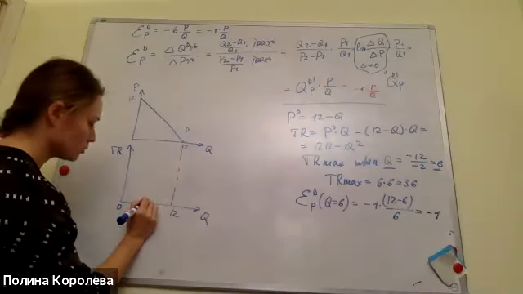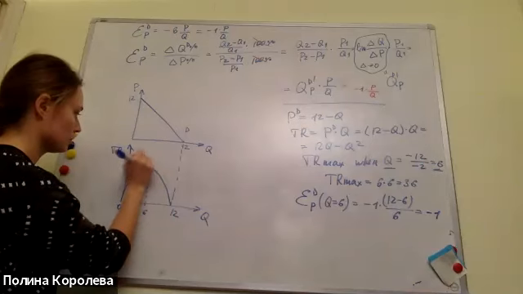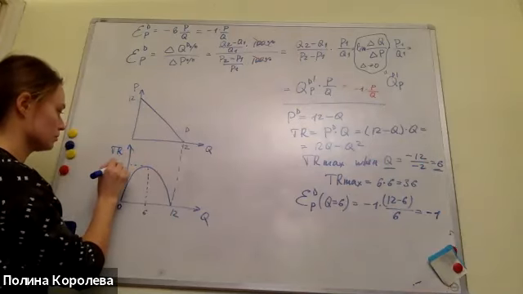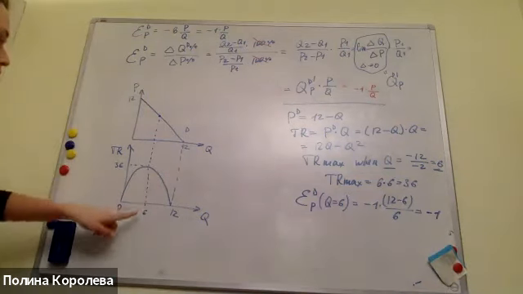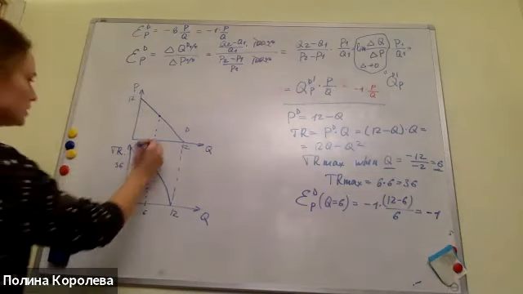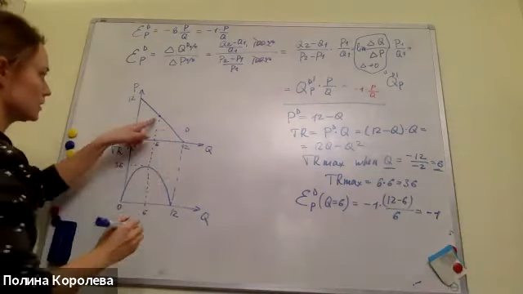Total revenue is maximal in the middle, at 6. And this quantity 6 is the middle of the demand. We know that when quantity is equal to 6, elasticity is -1. At this point, elasticity is equal to -1.